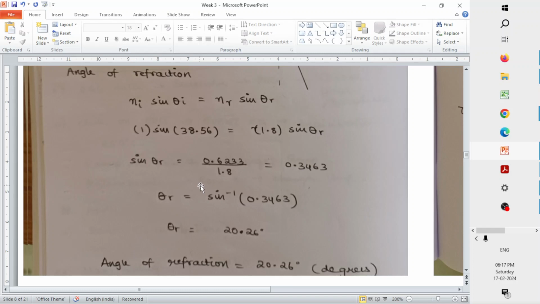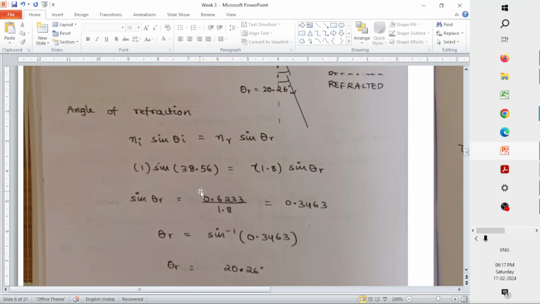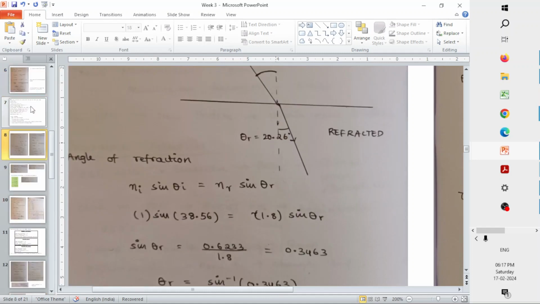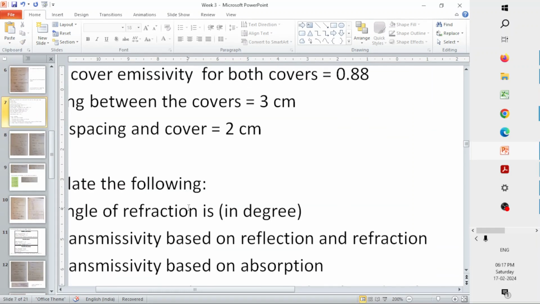Now you know the angle of refraction. Next, you have to calculate transmissivity based on reflection and refraction. When a light gets reflected and refracted, there will be a transmissivity component.